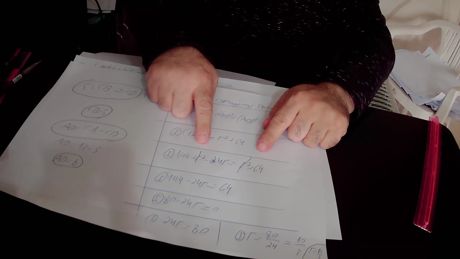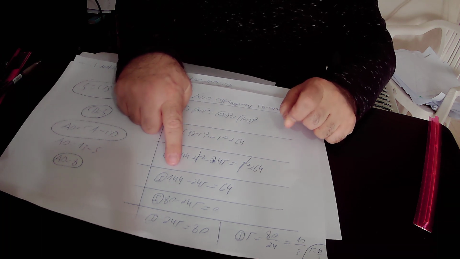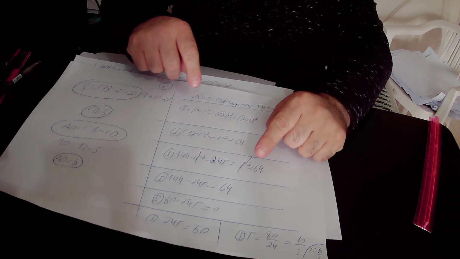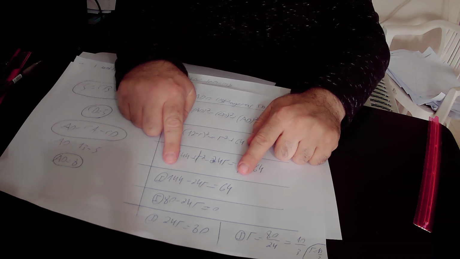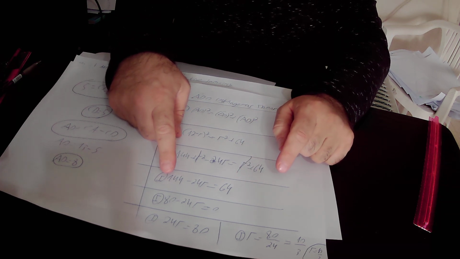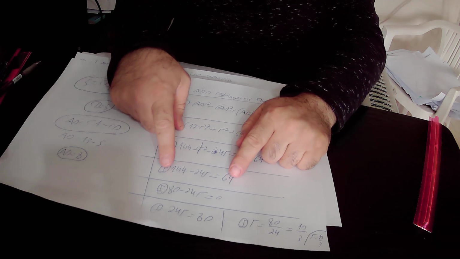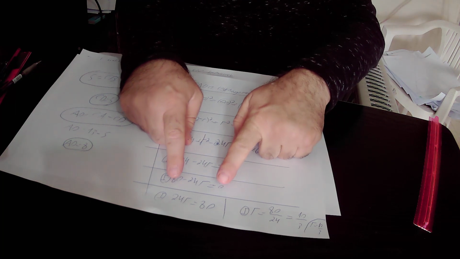On this side we are left with 144 minus 24R, and on the other side we are left with 64. We subtracted 64 from this equation, and we got that 144 minus 64 is 80. So in conclusion we got that 80 minus 24R equals 0. We added 24R to this equation, and we got that 24R equals 80.